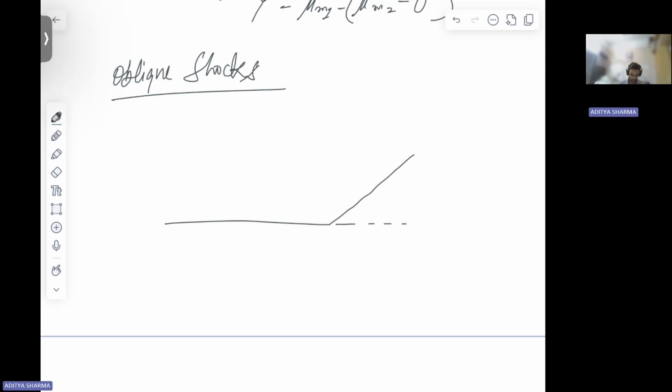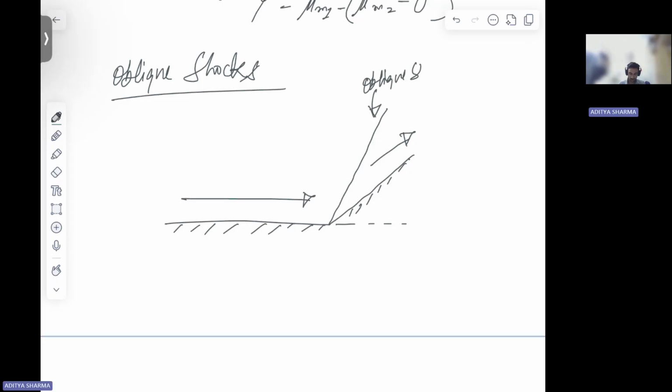We have this flow and we are diverting this flow. We are diverting this flow towards itself. So this first of all is going to give a shock, which is not normal. And this diversion has given you an oblique shock. Now there will be property changes across your oblique shock. This is your deflection angle.